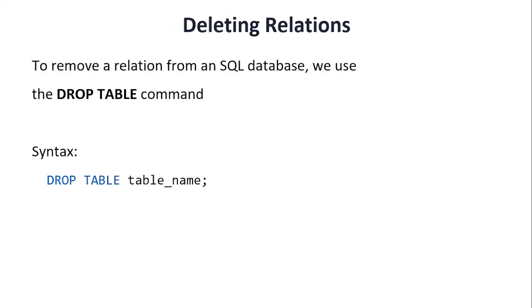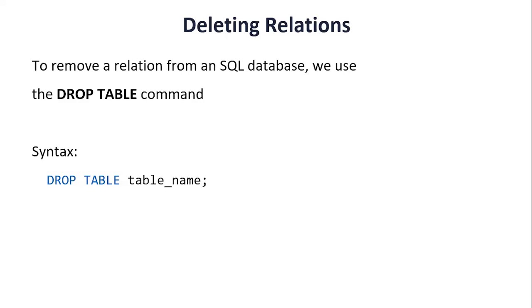As we defined or created a table, there should be a way to remove a table as well. So if we find out that a certain relation is not used anymore, we can just delete. There should be a way to remove it. So the syntax for that, or the command in SQL, is drop table.